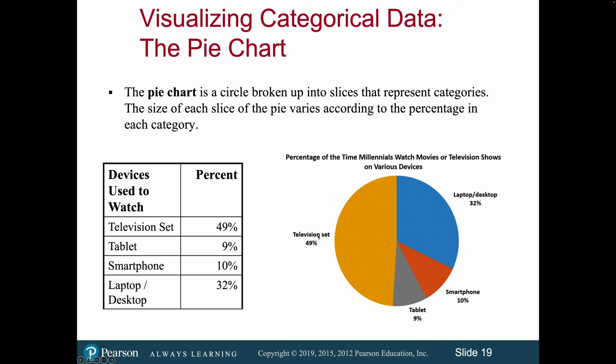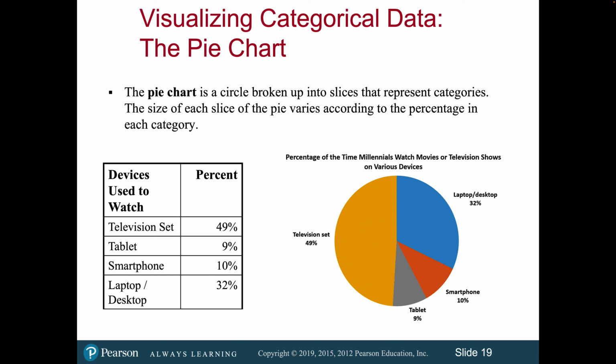So since television sets were 49%, we would have a slice of the pie that is slightly less than half. Laptop, desktop is about 32%. So that tells me that about a third of the pie should be represented by laptop, desktop.